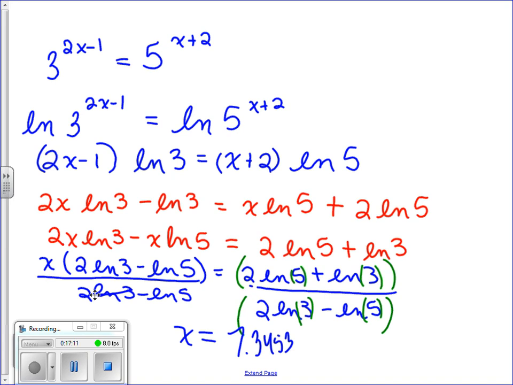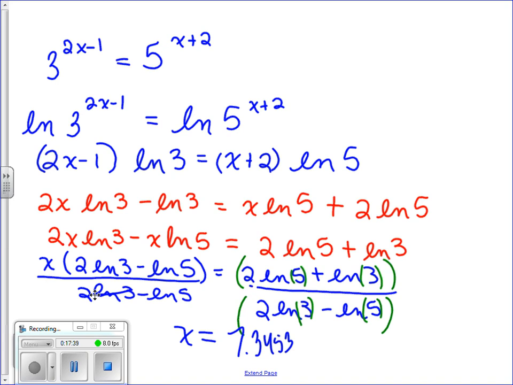How did you put the first line of red? That was distributing this through, like that. And then when you moved them, how did you know where to move them? This one doesn't have an x, so it went over there.